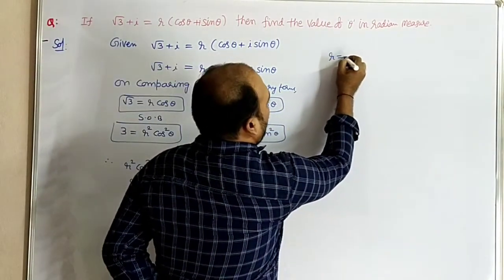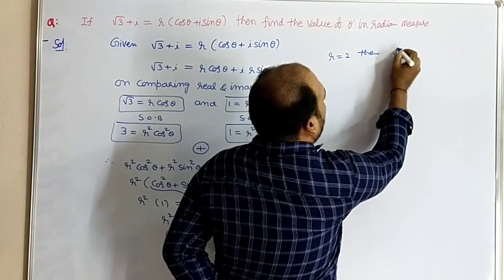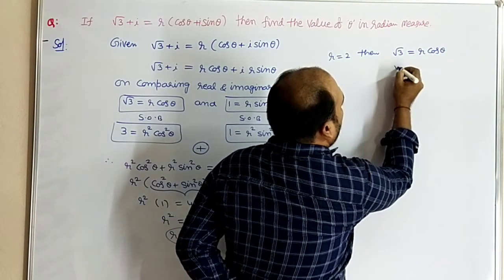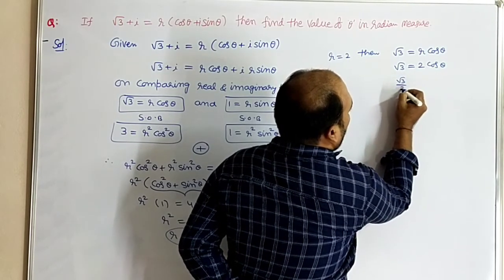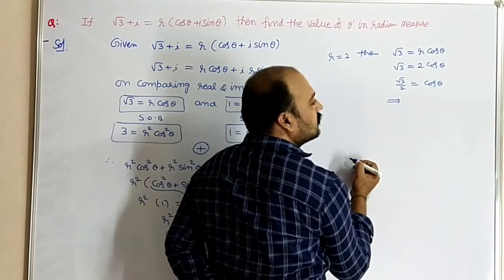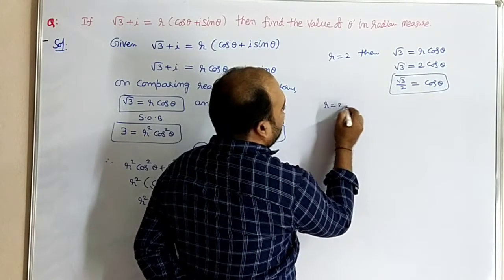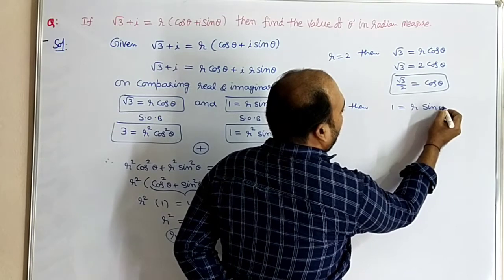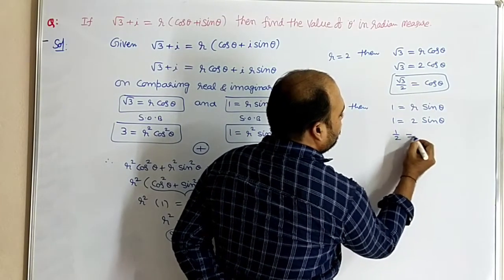r is equal to 2, then root 3 is equal to r cos theta becomes root 3 equal to 2 cos theta. Root 3 by 2 is equal to cos theta. You keep it like this. One more case, r is equal to 2, then 1 is equal to r into sin theta. 1 is equal to 2 sin theta. 1 by 2 is equal to sin theta.